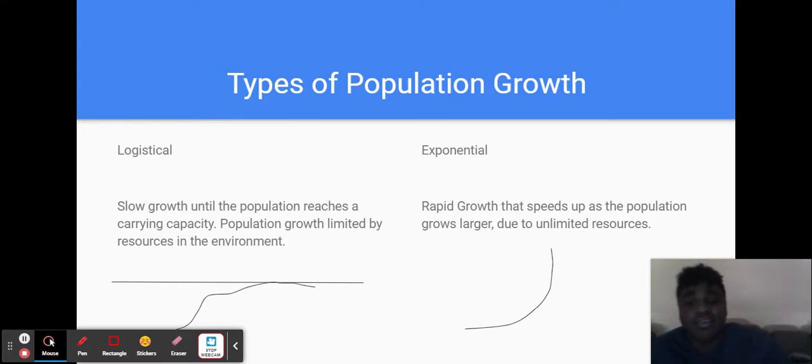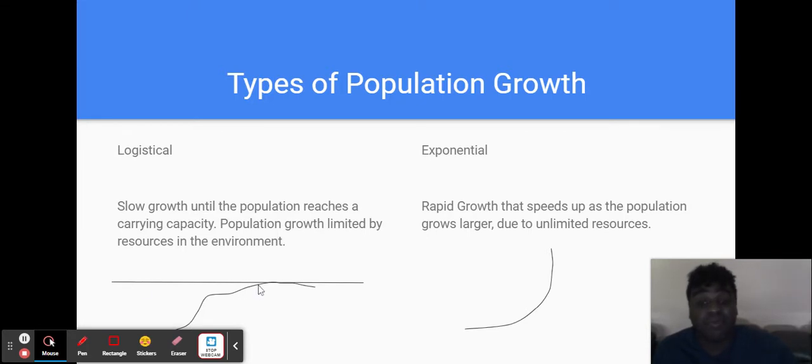There's not nonstop resources for your population to use. And so you grow, and then as soon as you get close to this line here, you see the population start to tail off or dip down. This line is known as the carrying capacity, or the limit, the absolute limit for that population.